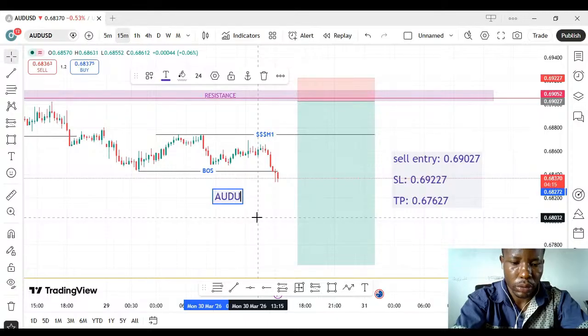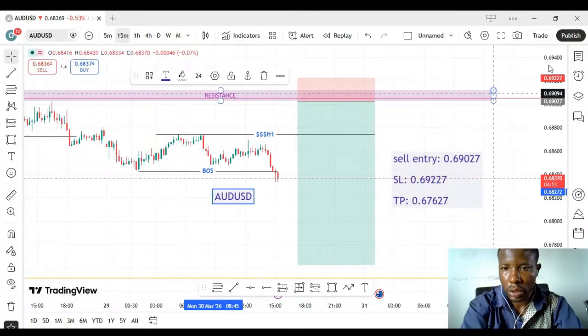So the entry is 0.69227. Right, guys, that is AUD/USD.